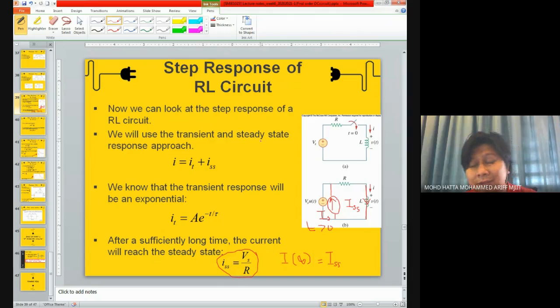If you just read your notes without really knowing what's going on in the circuit, it means you're not going to get it correctly.